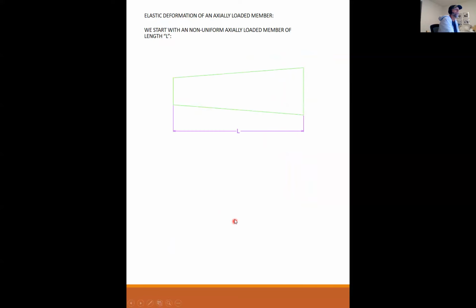Okay, moving on. Let's talk about the elastic deformation of an axially loaded member. We start with a non-uniform axially loaded member of length L. So we're going to start in the most general sense. I'm going to warn you up front, there's going to be some calculus in here.